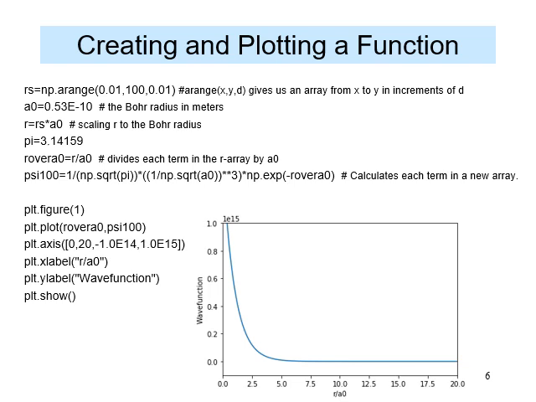So this creates an array, psi 100, each term of which corresponds to each of the terms in r over a naught, which corresponds to each term in r, which corresponds to each term in rs, which was the original array that we created. So all the calculations are relatively straightforward. I could have written this with fewer steps, but I wanted to be explicit about what the measures were that we were actually using.